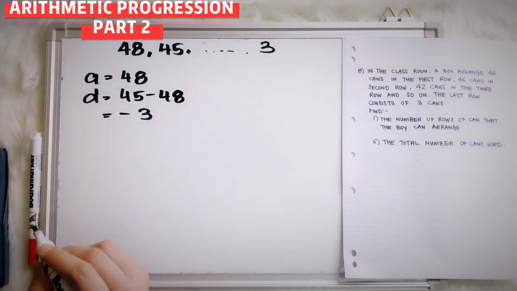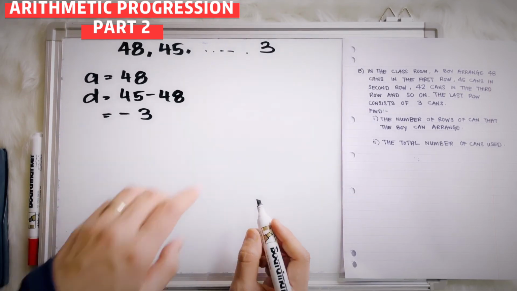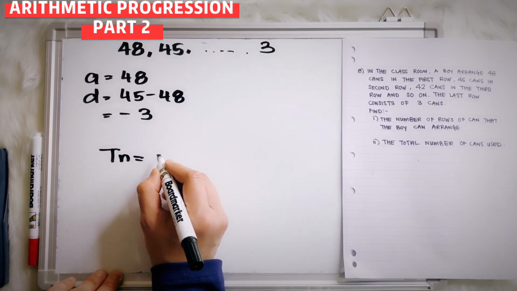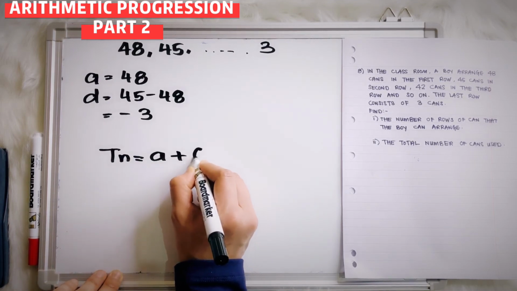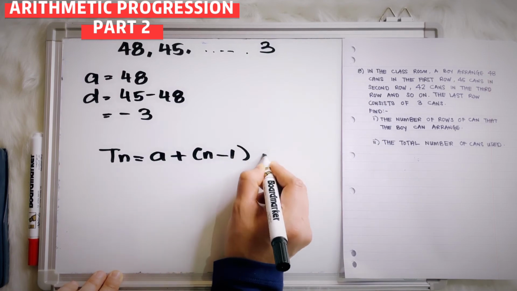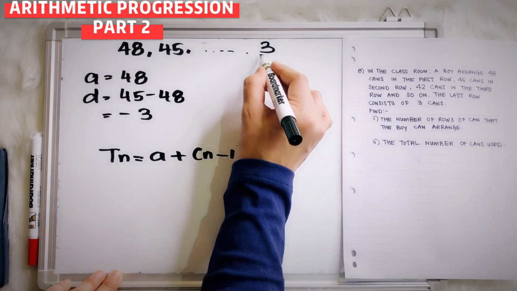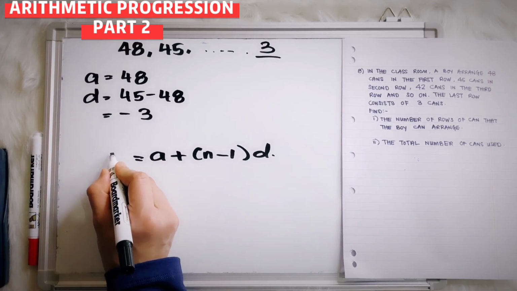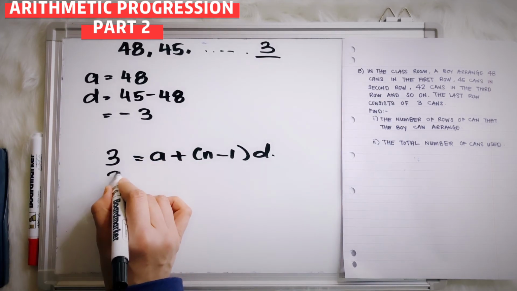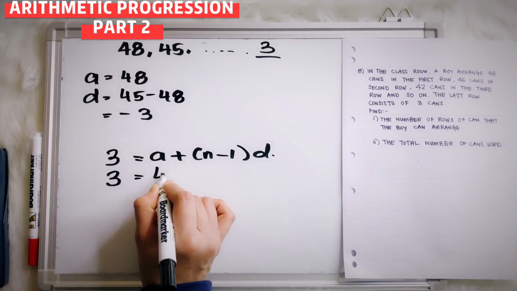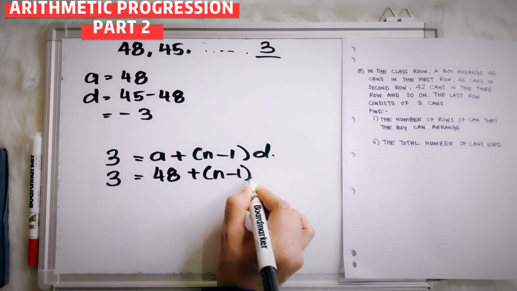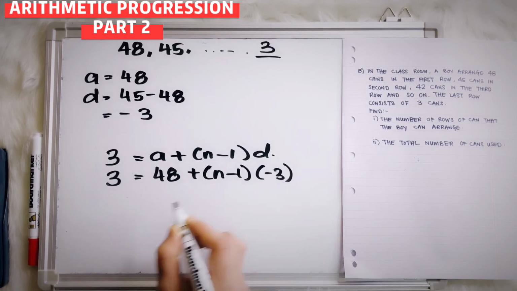I want to find n, so I put here Tn. We don't know the last row. Tn equals A plus n minus 1 times D. But we know only 3 cans in the last row, so we put here 3. So 3 equals A is 48 plus n minus 1, your D is negative 3.